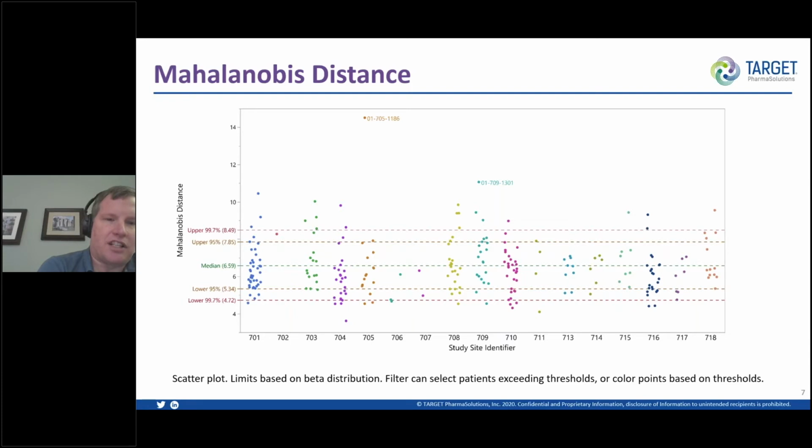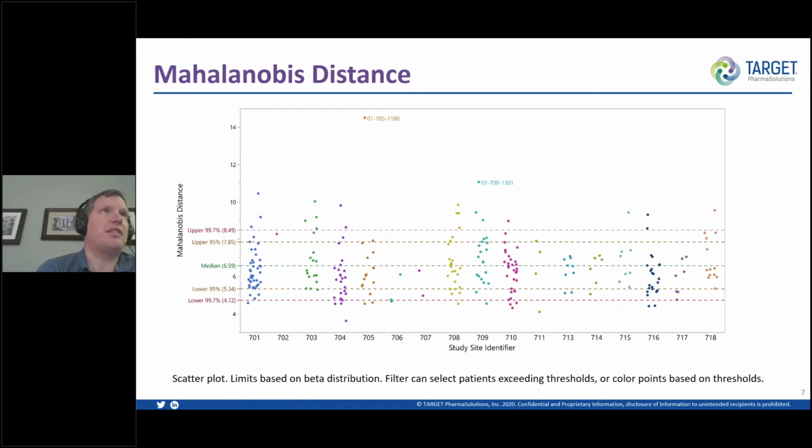And you can see that generally, within the 99 and 95th percentile confidence intervals, most of the patients are falling within these regions that seem pretty straightforward. But within this plot, I've highlighted a couple of points. These are the two largest outliers showing up within this particular data set. So we've identified them as outliers.